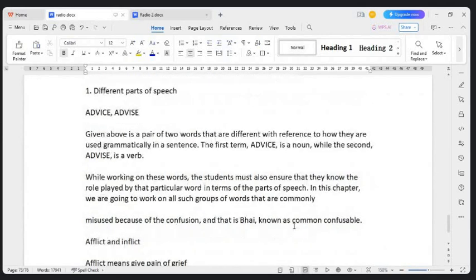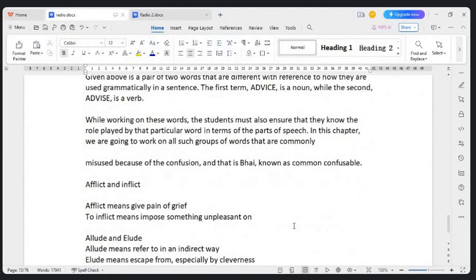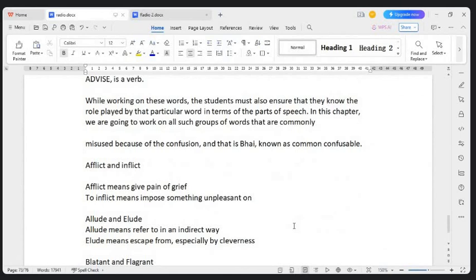These words can be misused because of confusion, and these are common confusable words. Now look into the next pair, afflict and inflict. Afflict means to give pain or grief. Inflict means to impose something unpleasant on someone.